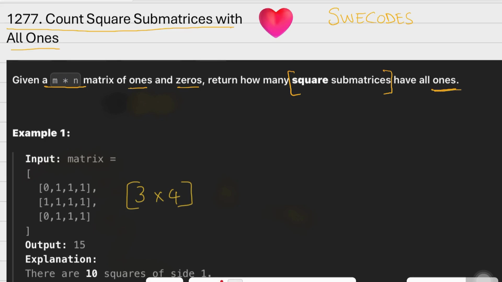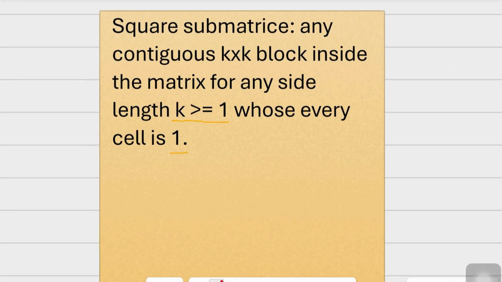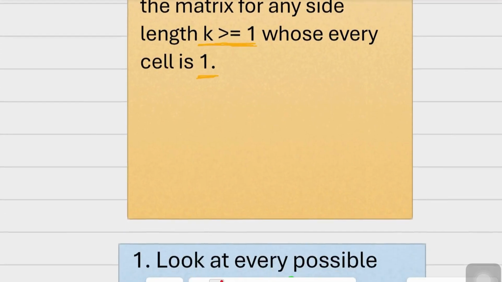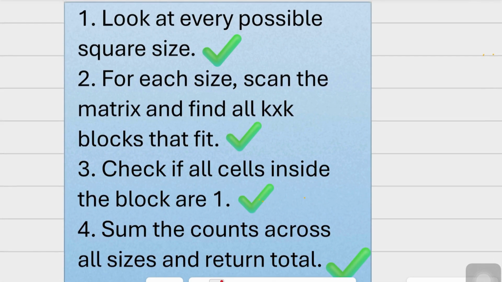A square submatrix means any contiguous k times k block inside the matrix, for any side length k greater or equal to 1, whose every cell is 1. Let's see what the problem is asking us to do. 1. Look at every possible square size: 1 times 1, 2 times 2, 3 times 3, up to min(m, n). 2.